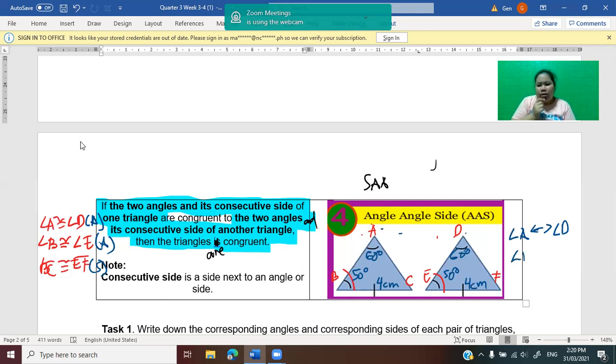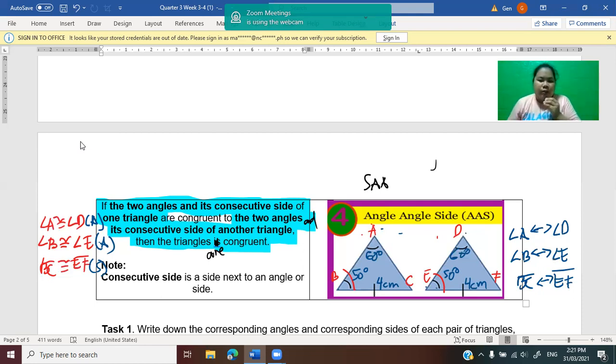Angle B corresponds to angle E. So, parehas ng pwesto. Then, we have BC corresponds to what? Anong kapareho niya ng pwesto? BC corresponds to EF. Right? And at the same time, they are also congruent. So, therefore, these two triangles ABC and DEF are congruent.